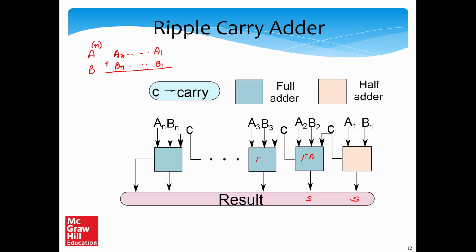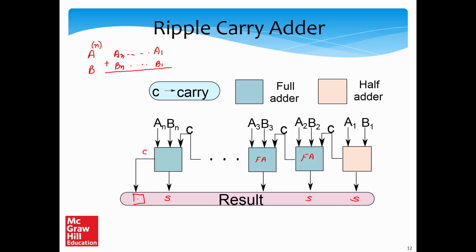Here also we use a full adder and we add A3, B3 and the carry. In a similar fashion, we go till the nth position, which is the last point. We add the carry, An and Bn. Finally we have a sum bit and we have a carry out. Since we have nothing more to add, the carry out becomes the most significant bit of the result.